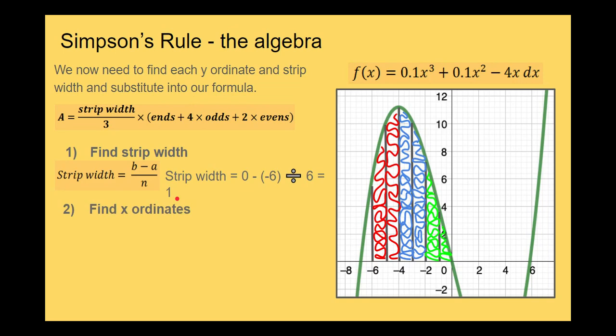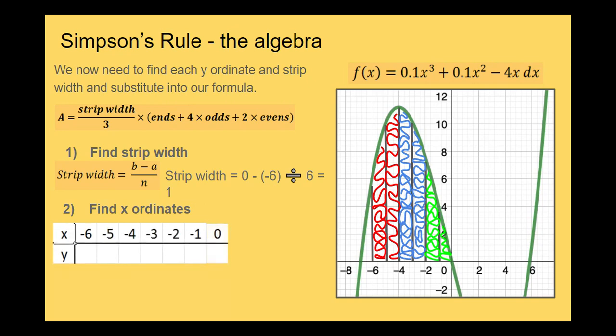Next step, we need the y ordinates, but we need to find the x ordinates first and then calculate the y's. So here's our table. Our first x ordinate is going to be our lower limit, -6. Then we add 1 strip width to get the next one, and so on until we get to our upper limit. Now we've got our x ordinates, we can work out our y's.